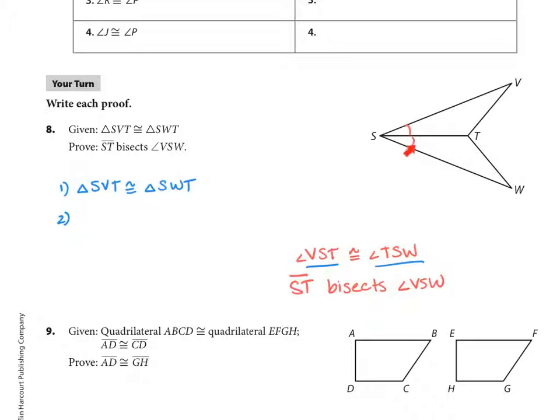So it's this one right here. So that means these two angles correspond to each other. So we know they have to be equal. Sorry, not equal. They have to be congruent. Right? They have to be congruent because they're corresponding and the figures are congruent. And then we can actually say in our third statement that segment ST bisects the angle, because we have enough information to make this statement.